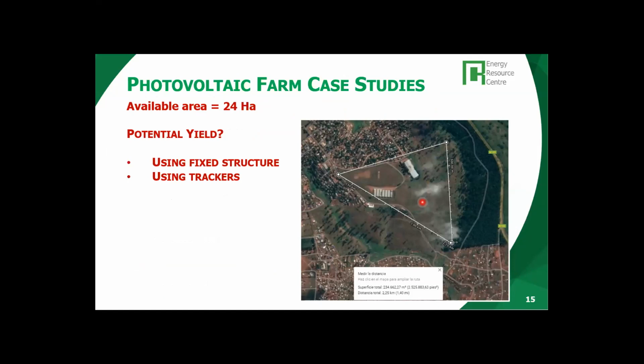So how many megawatt hour? You have to multiply. Can anybody give me a reference, more or less? If we put 24 megawatt peak times 1,600, how much do we get?